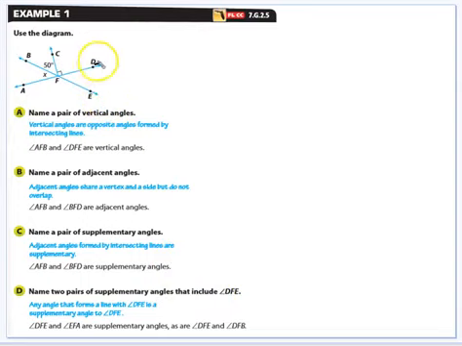Oh, they use DFE and EFA, which is the same thing. So I guess it's DFE, EFA. All right, try and do it that way. And then we're going to use DFE and DFB. So, right, this straight line includes this angle and this angle.